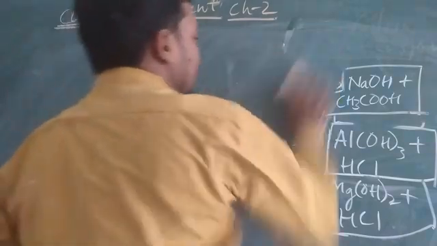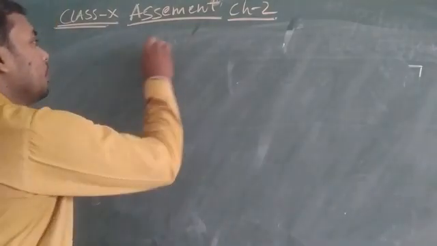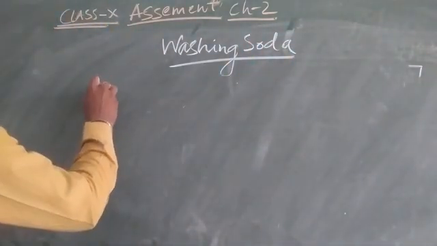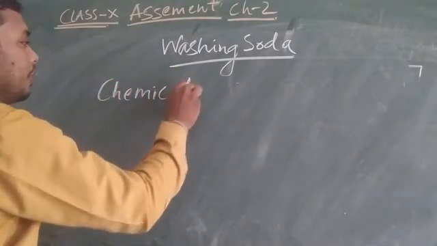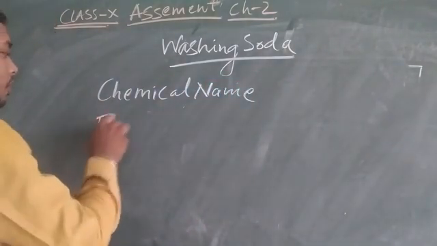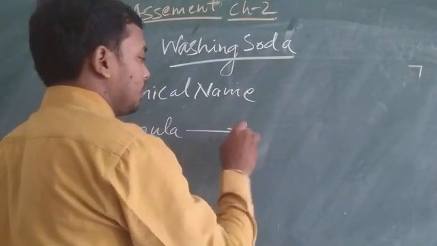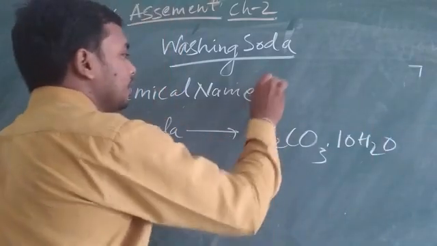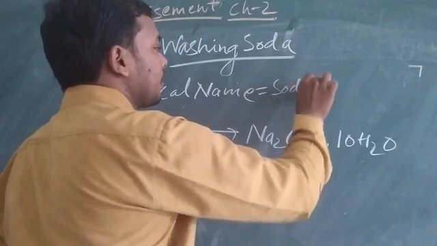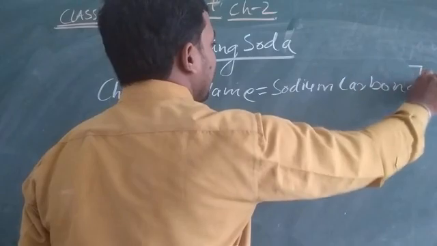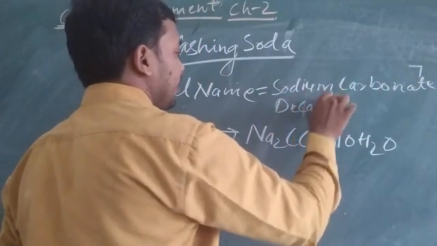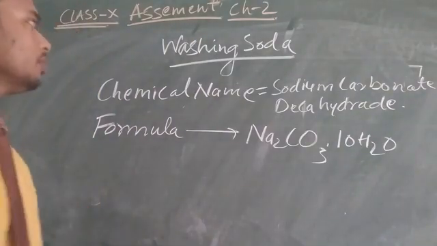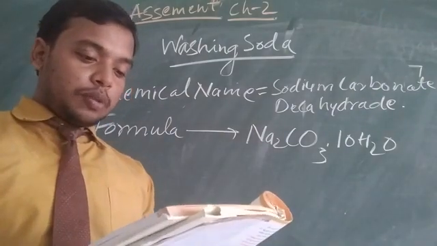Washing soda chemical name and formula: Na2CO3 into 10H2O, and the chemical name is sodium carbonate decahydrate.